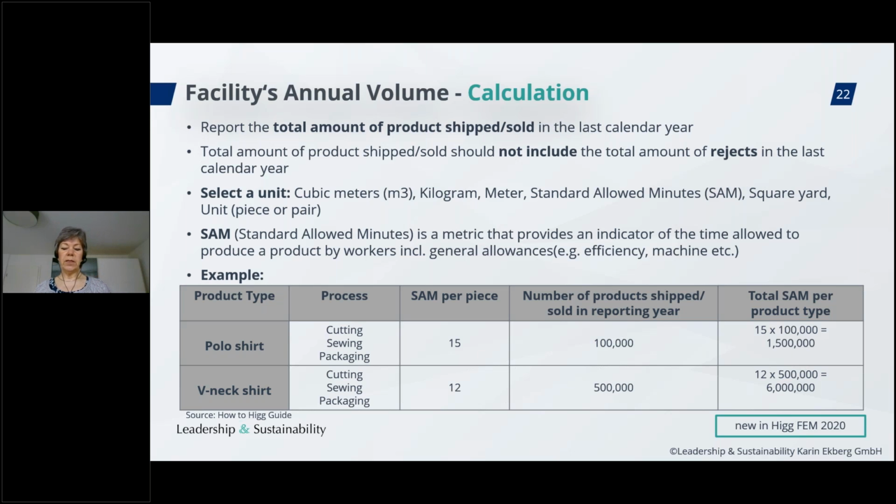So that means that the polo shirt takes more time to produce than the V-neck shirt. And of course, if you have several different products and all of them have different SAMs, then the number of products that you produce per year will depend on the different categories that you are producing.